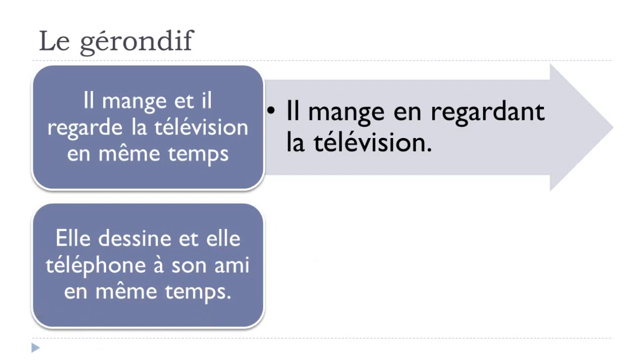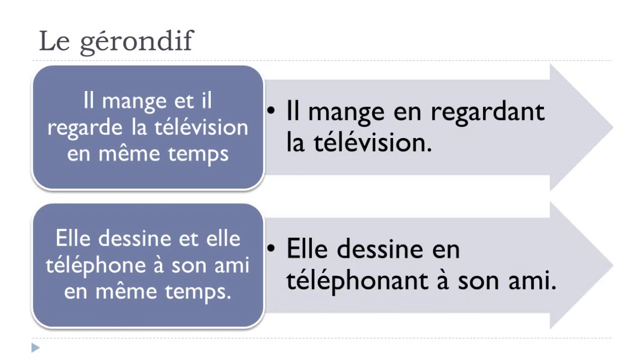Exactly the same thing, we just want to make the sentence shorter and lighter, so we'll keep first, of course, elle dessine, the first verb, but then here we've got et elle téléphone, so we should modify this téléphone and put the participe présent form. The participe présent form of téléphoner is téléphonant. Before that we put la préposition en, and we continue the sentence à son ami. And that's it. Elle dessine en téléphonant à son ami.